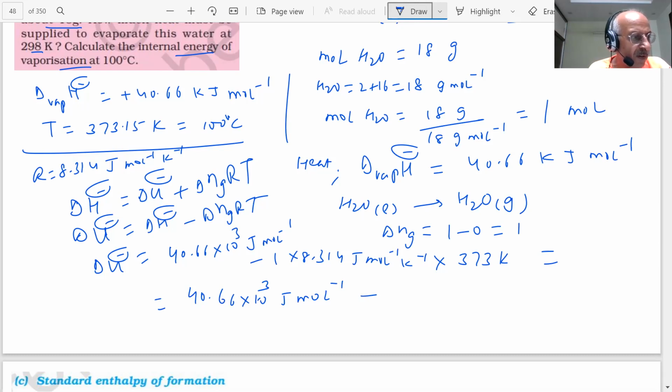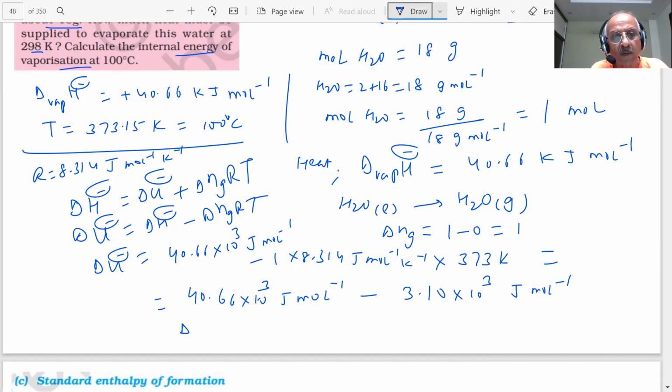What will you get? 373 into 8.314, around 3.10 into 10 power 3 joule per mole.